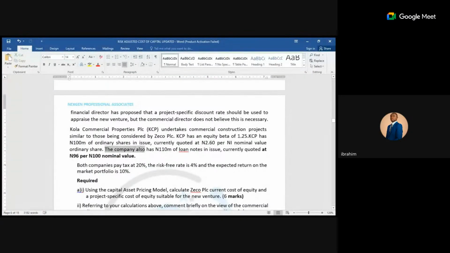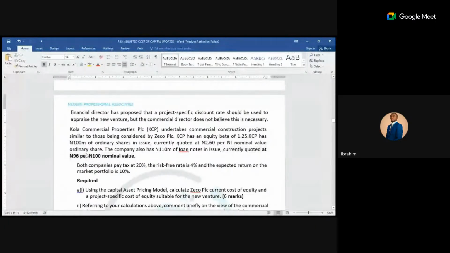The company has 110 of loan notes in issue for the proxy company. They are currently quoted at 96 naira per 100 naira nominal value.